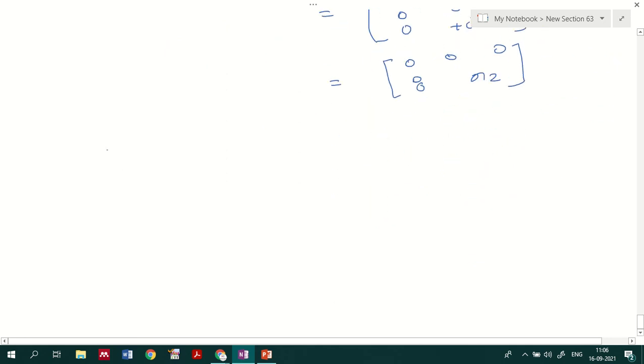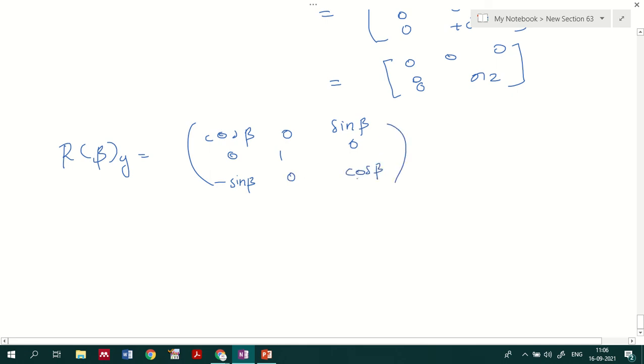ഓക്കെ, now in the case of R of beta, similarly നമ്മൾ R of beta എടുത്തു കഴിഞ്ഞാൽ, okay, that is along y direction എന്ന് വിചാരിക്കാം. Okay, so that is we'll have cos beta 0 sin beta, 0 1 0, minus sin beta 0 cos beta എന്ന് പറഞ്ഞിട്ട് നമുക്ക് ഇതിൻ്റെ വാല്യൂ കിട്ടും. Again ഇവിടെ ജനറേറ്റർ കാണുമ്പോൾ S is equal to minus I dr by d beta at beta equal to 0 കാണാം.